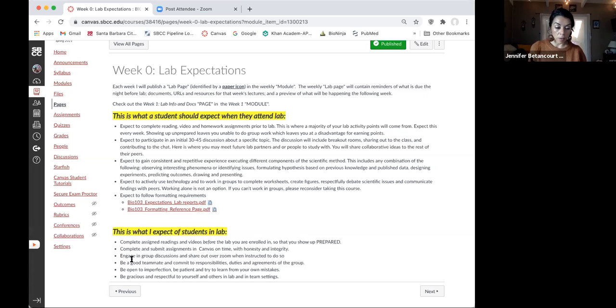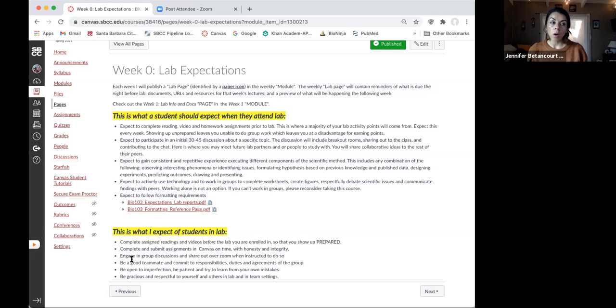So, you know, one of the things that people complain about with the online setting is the lack of community. Well, do the best that you can so that you can create your community. If you're constantly screen off using chat only, then this is not going to feel like a community. So you got to do your part to really feel like you're part of a group.